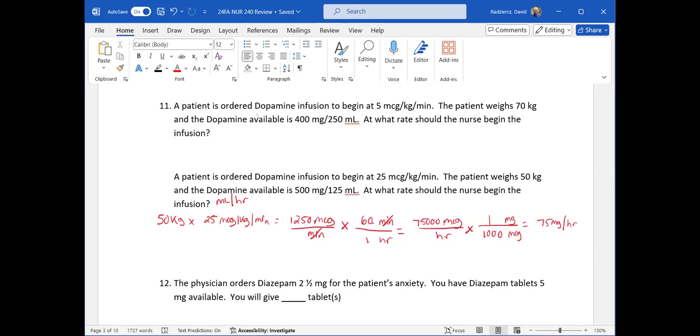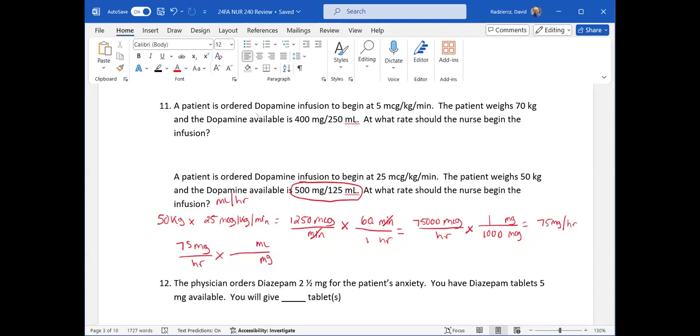Once I have my 75 milligrams per hour, now I can calculate milliliters per hour. How do I do that? Well, I'm going to take my 75 milligrams per hour and convert milligrams to milliliters. I can do that because of my IV or my suspension that I have available.